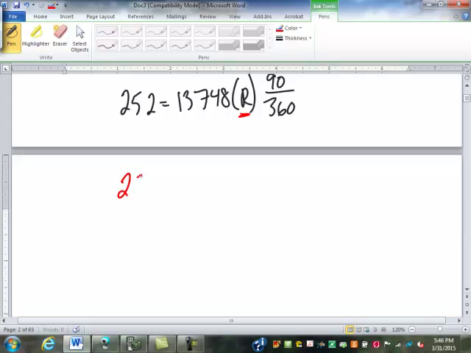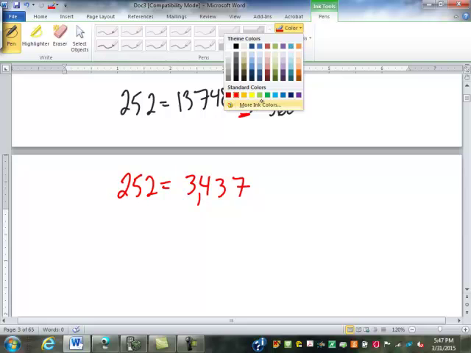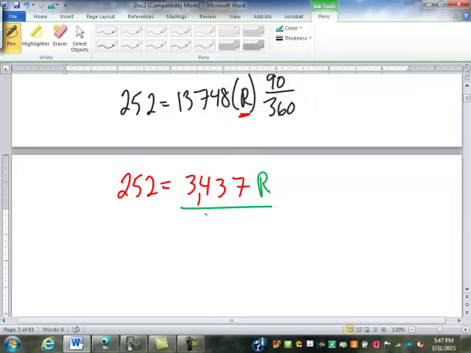So this is going to be 252 equals 13,748 times 90 over 360. That is going to be what? 3,437. Is that right? 3,437. Then what? Divide by 3,437.